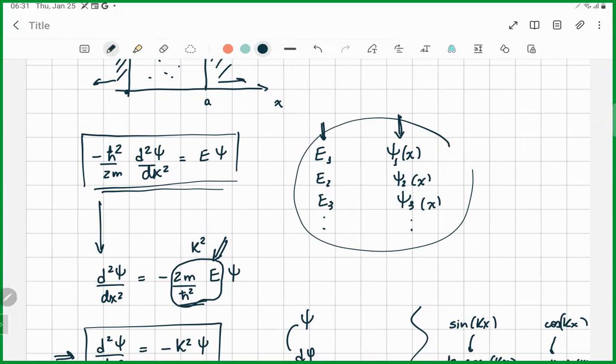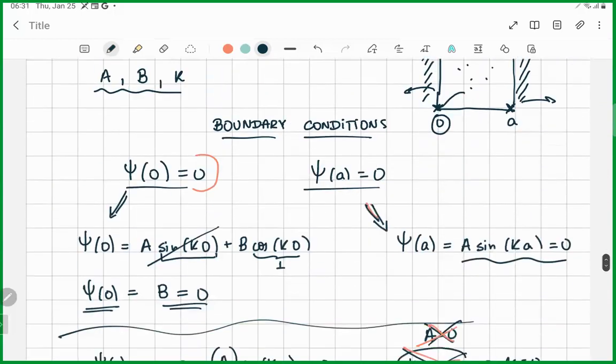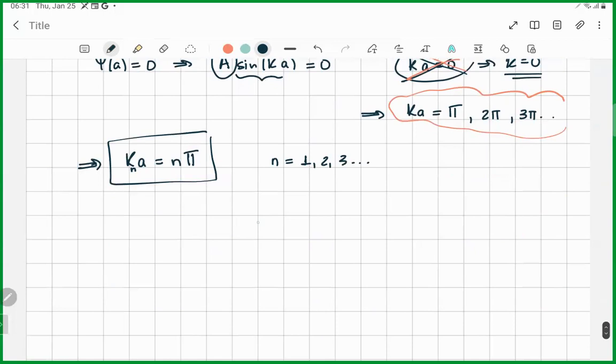Let's write this down. We wrote in the beginning, that's how we defined it, that k squared was equal to 2 mass of the particle energy divided by h bar squared. And we have now just found a relationship for this case.